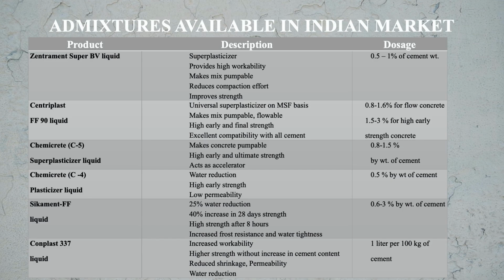Another product which is used as plasticizer and super plasticizer is Chemicrete super plasticizer liquid. Dosage is 0.8 to 1.5% by weight of cement. They make concrete pumpable. They provide high early and ultimate strength and act as accelerator.